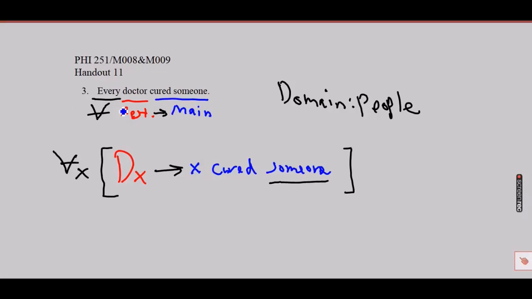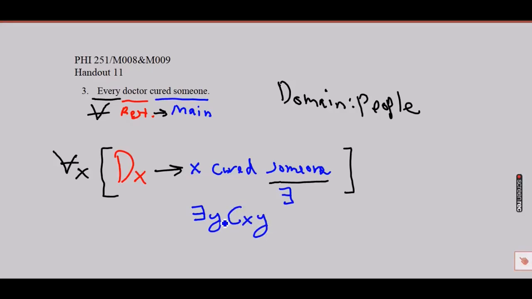Okay, so I'm going to use the existential quantifier. And to say that x cued someone using the existential quantifier, we say there is some y such that x cued y.